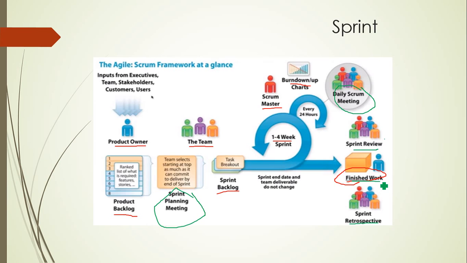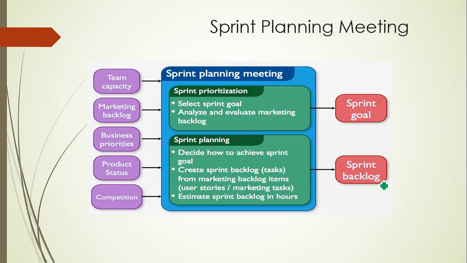Now we're going to look at all these meetings one by one in depth. Sprint planning meeting. This meeting is divided into two parts. In the first part, the team decides a sprint goal. In this first part, the product owner discusses high-valued and high-priority user stories with the development team.